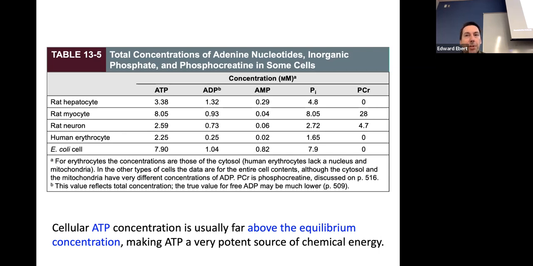If our AMP levels get too high, we're going to see a lot of regulation kick in, assuming no disease states. We also look at phosphocreatine here. The other thing to note is that our ATP concentration is usually very far above equilibrium concentration, so ATP is a very good source of chemical energy for the cells.